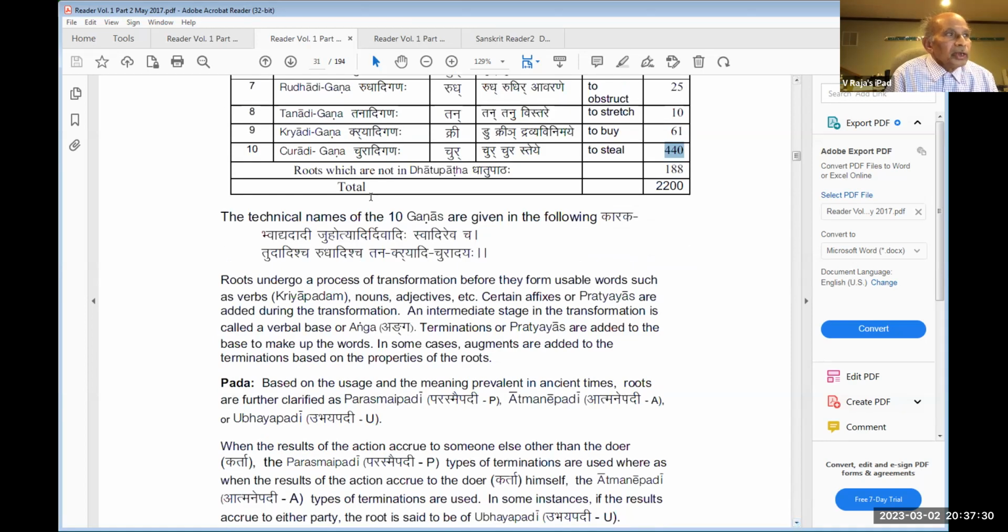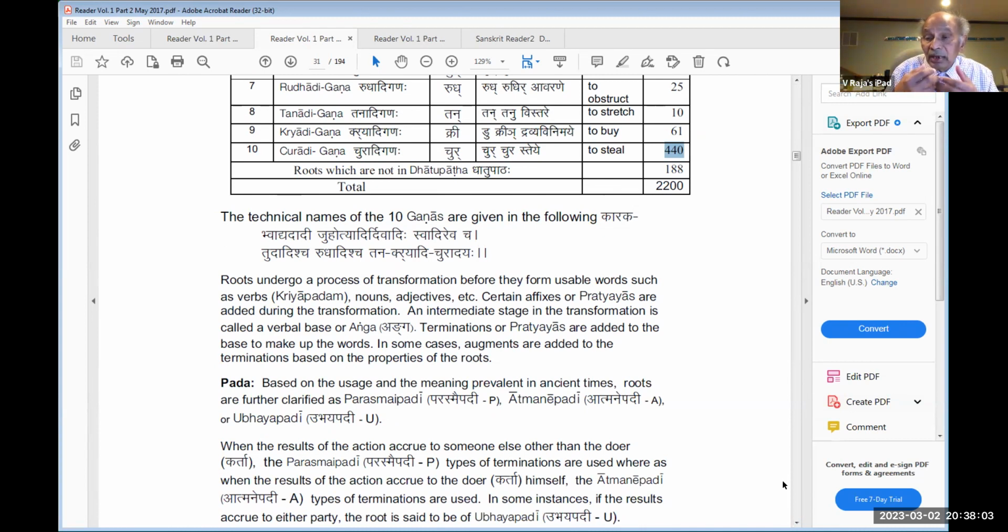And how he named them, there is a sloka here, and you can study that. Apart from the meanings, the roots, when they are used, in classical time, the result of the usage of the verb accrues to you, yourself, or accrues to another person, or it may accrue to both.